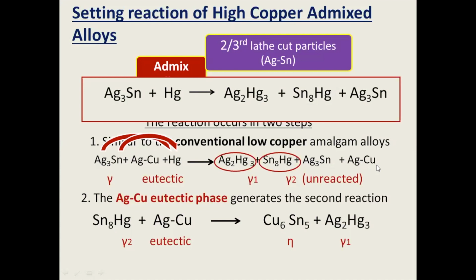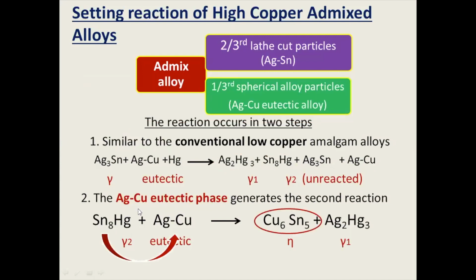Meanwhile, the silver copper eutectic phase generates the second reaction. The newly formed tin mercury, the gamma 2 phase, reacts with the eutectic phase and forms the eta phase.